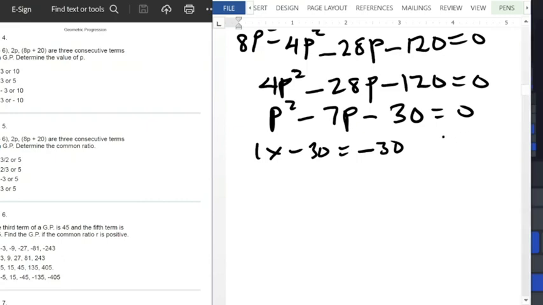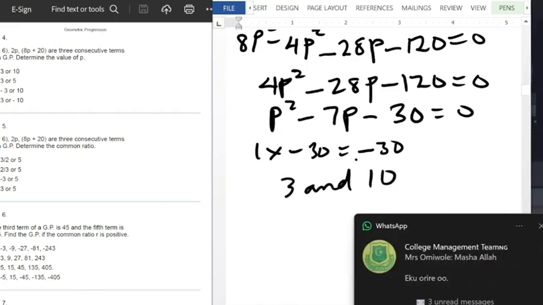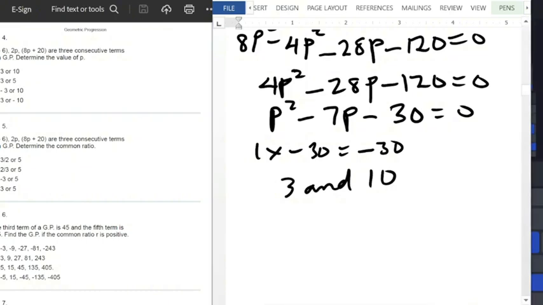Let's say 3 and 10. So minus 3 minus 10 will give us minus 13. But let's say plus 3 minus 10. Plus 3 minus 10 will give us minus 7. Then plus 3 times minus 10 will give us minus 30.